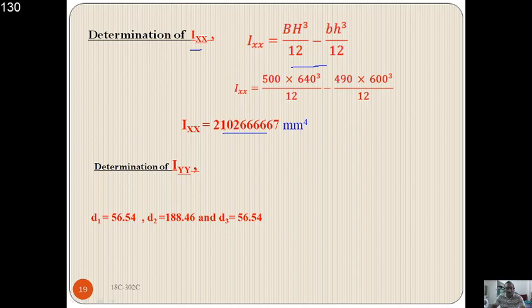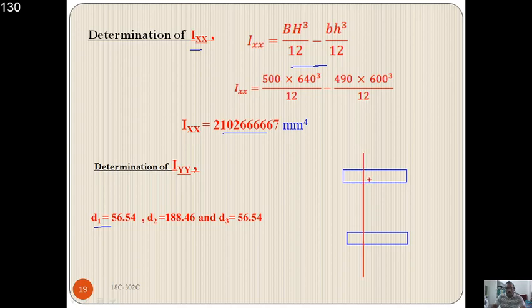Determination of Iyy. For that, we require the values of d1, d2, d3. They can be obtained by using the parallel axes. Let us say these are the two flanges, and the total centroid we calculated is 193.46.